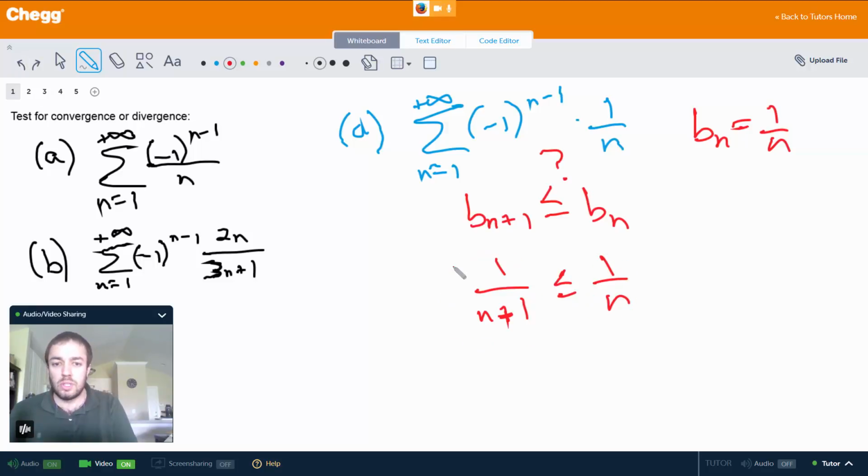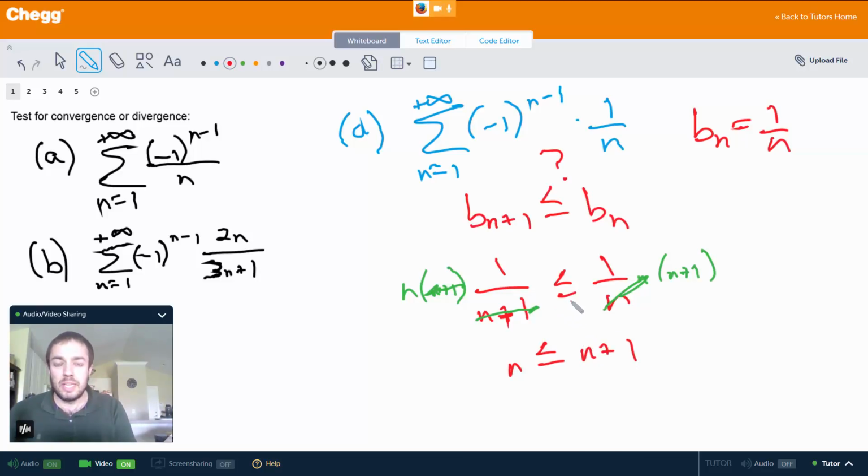To make this more clear, we can multiply both sides by n times n plus 1. So these n's cancel, these n plus 1's cancel, and what we're left with is n is less than or equal to n plus 1.